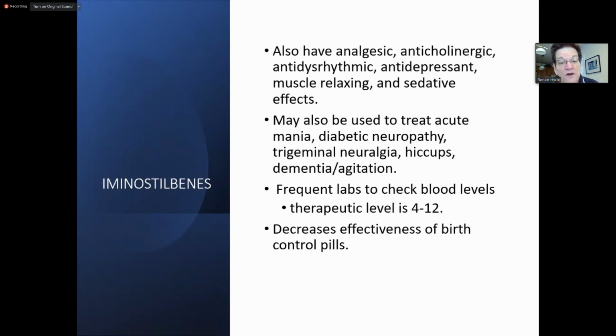So if they're on a birth control pill for their reproductive control, they may have to use an alternate method in addition to those birth control pills, like condoms, because they can become pregnant on these meds.